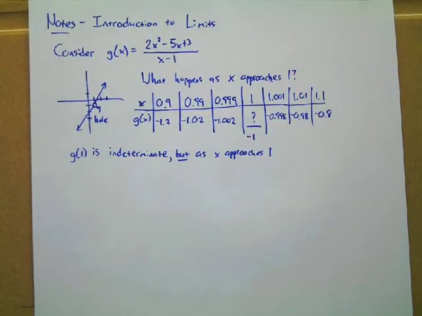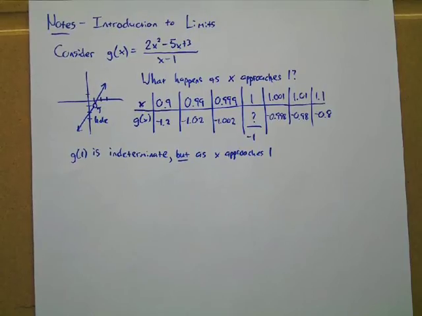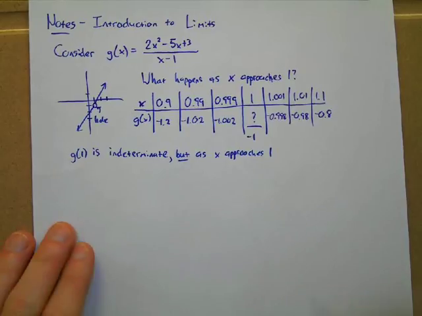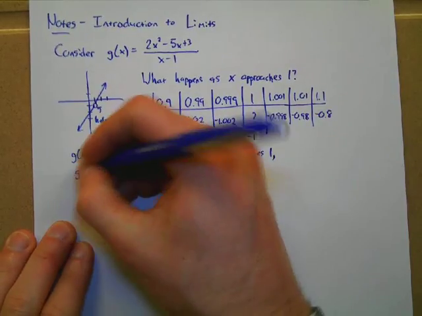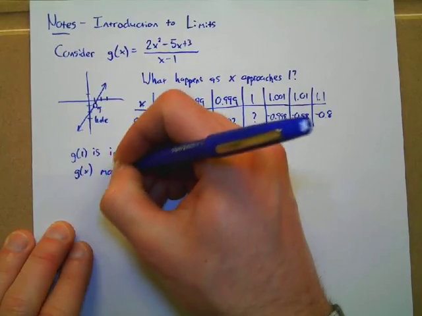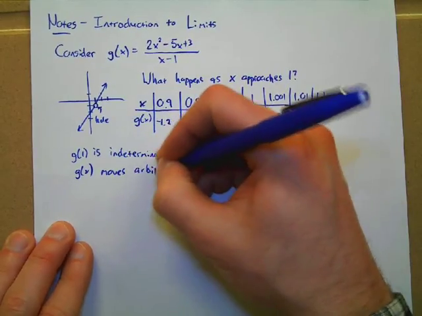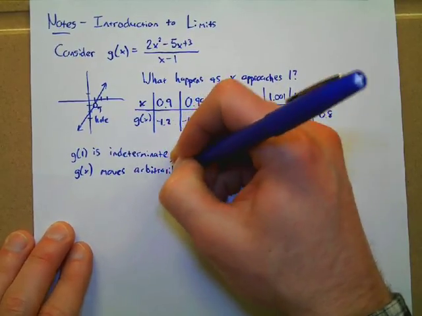But when we say approach in this case, we mean from the left-hand side and from the right-hand side. As x approaches 1, g of x moves arbitrarily close to the value of negative 1.